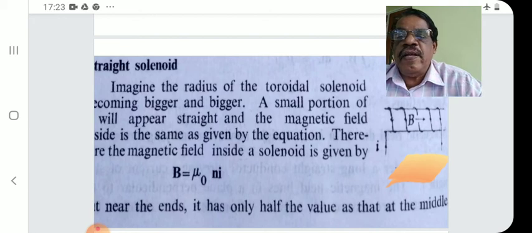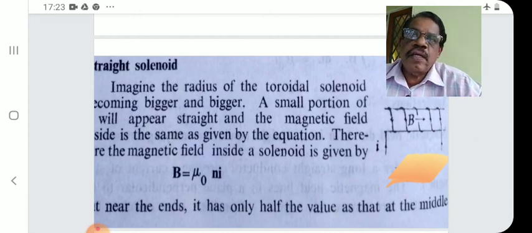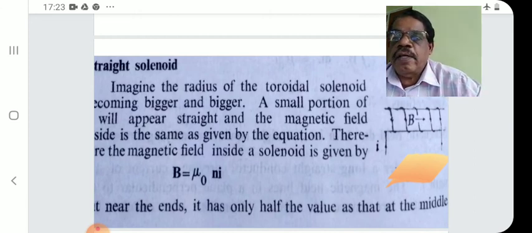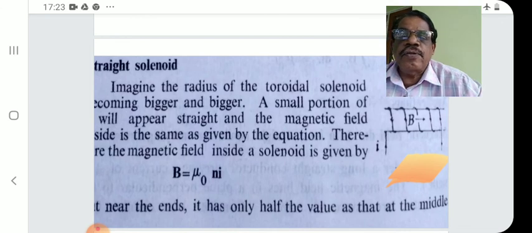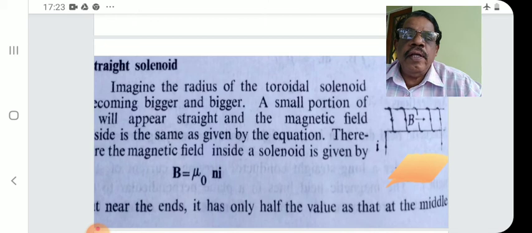Therefore, the magnetic field inside is B is mu 0 nI. And here, N stands for total turns. N is the total number of turns. In the previous case, n is the number of turns per meter. And here, N is the total turns on the portion of the straight solenoid.